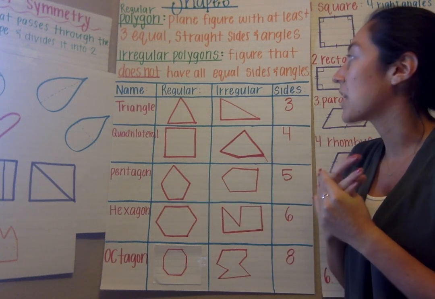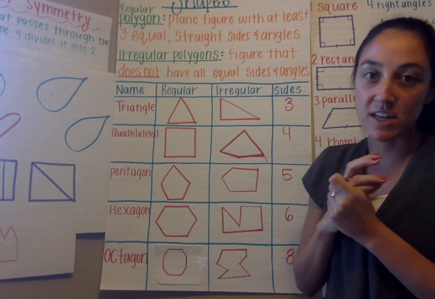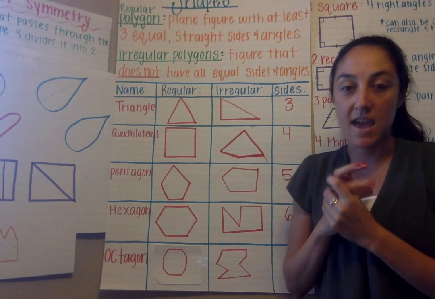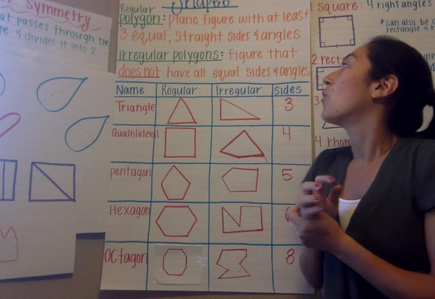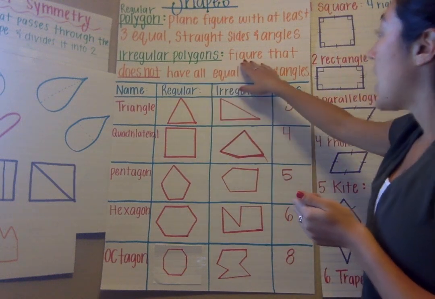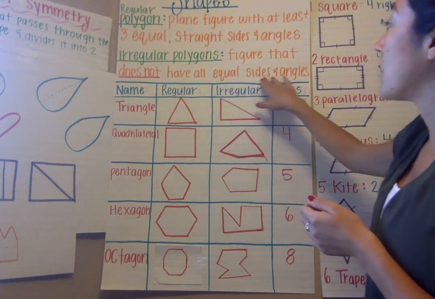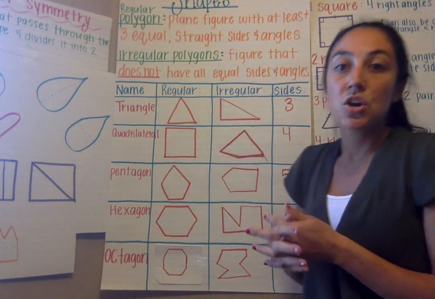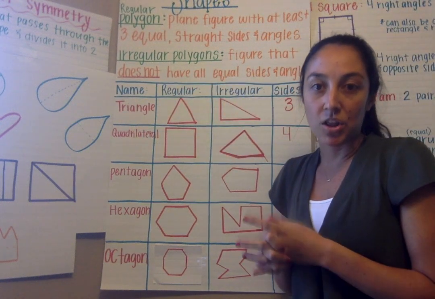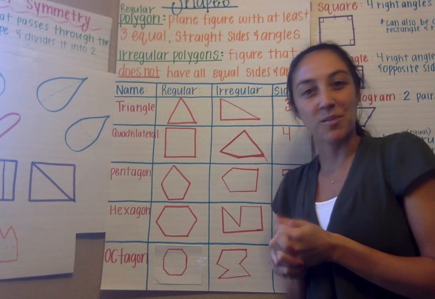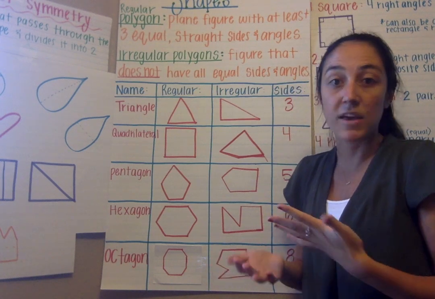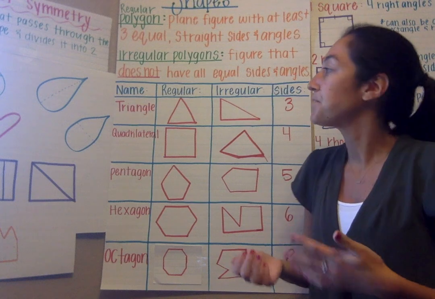When we look at all of the regular shapes, you're going to see that all of the side lengths are equal. Whereas irregular polygons are figures that do not have all equal sides and angles. So the irregular shapes that we're going to look at today, you're going to go, oh, that's a weird looking shape, because they're not equal sides.